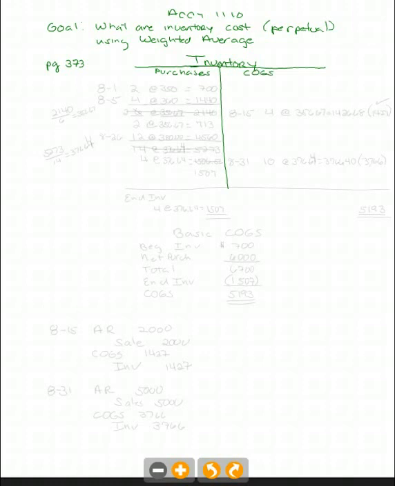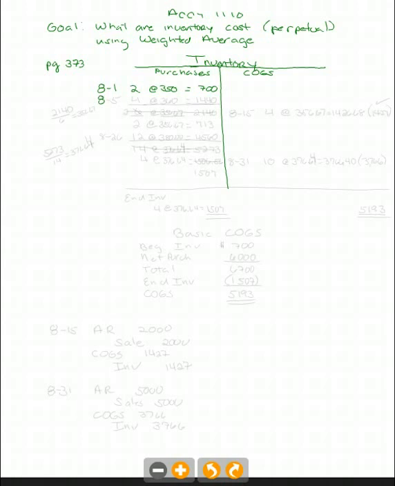On August 1st, we have beginning inventory. We have 2 units at $350 a unit, so that totals $700. On August 5th, we purchase 4 more units at $360 for a total of $1,440. Because we've had a purchase, we now need to average. We have 6 units in total for a total cost of $2,140.